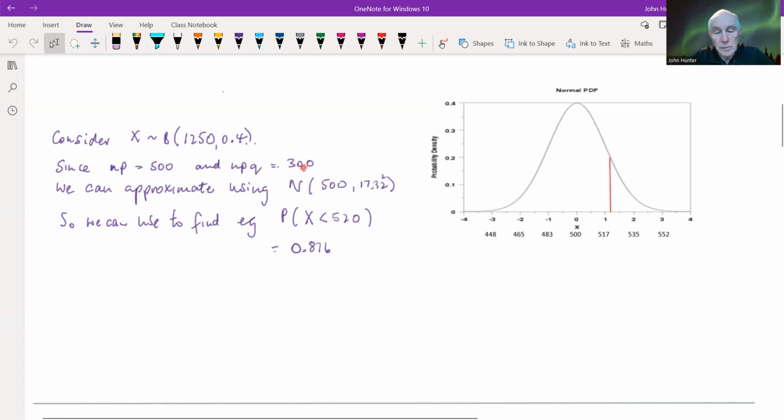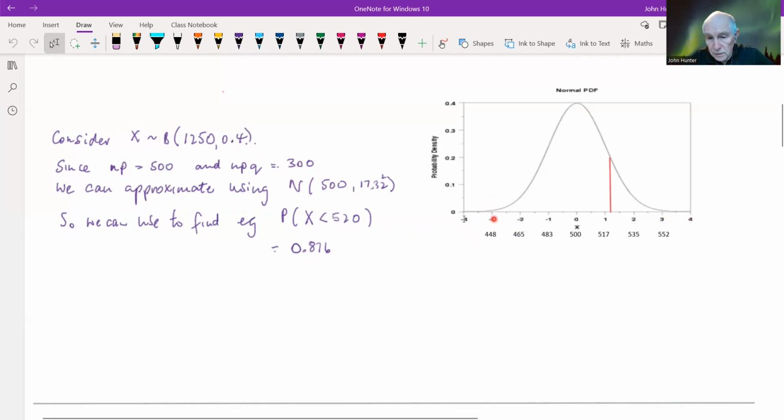So we could approximate this using a normal distribution with a mean of 500 and a variance of 300, so the standard deviation, taking the square root for convenience, is approximately 17.32. Quite simply then, this is what we've got here.